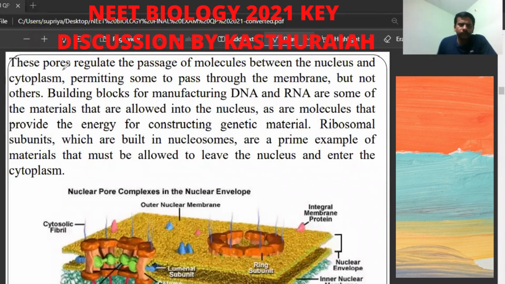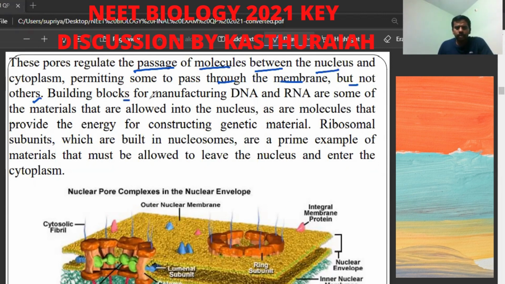nuclear pores, which are present on the nuclear membrane. These pores actually regulate the passage of molecules between the nucleus and the cytoplasm, permitting some to pass through the membrane but not others. It means the membrane is always semi-permeable in nature.